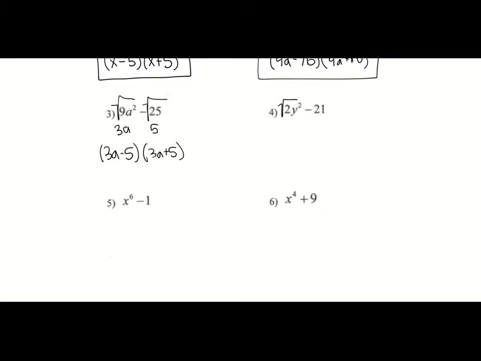Then over here, if you type the square root of 2 and square root of 21 in your calculator, you're not going to get an even number. So this one is prime. Cannot take the square root, so we can't factor that one.